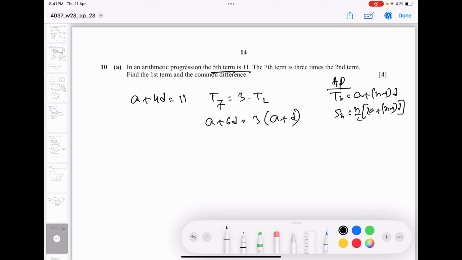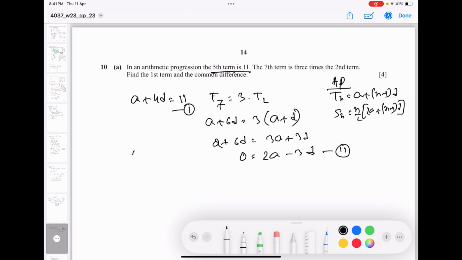Simplify this. a plus 6d equals 3a plus 3d. So 0 equals 2a, and 6d, if it goes to the right side, minus 3d. So this is equation 1, this is equation 2.